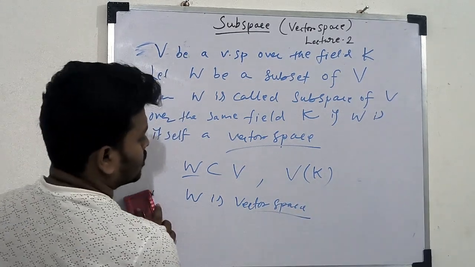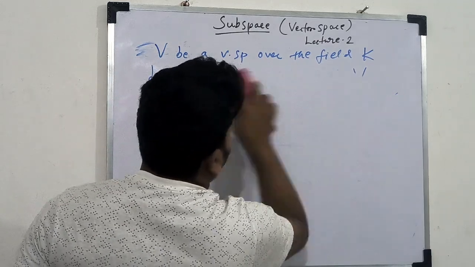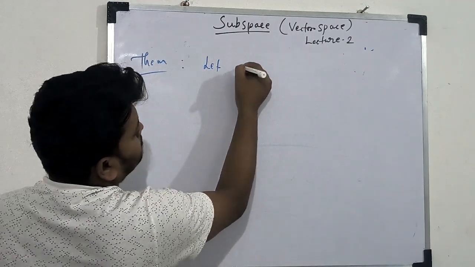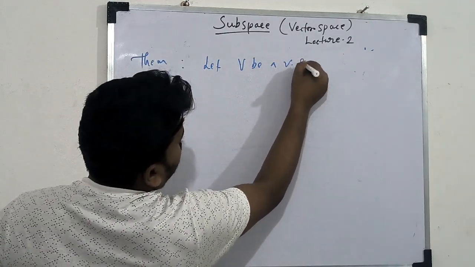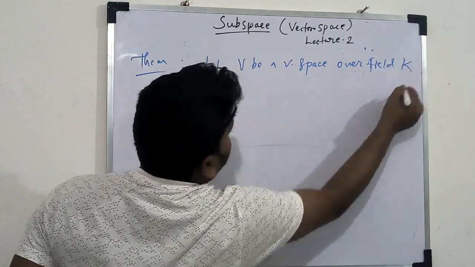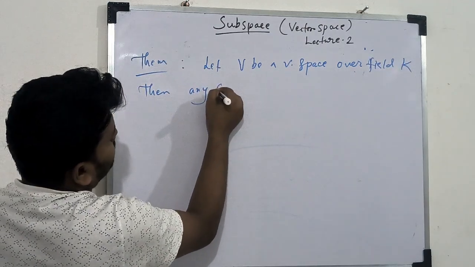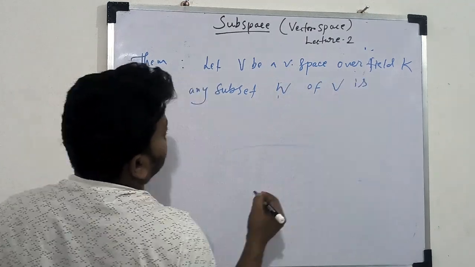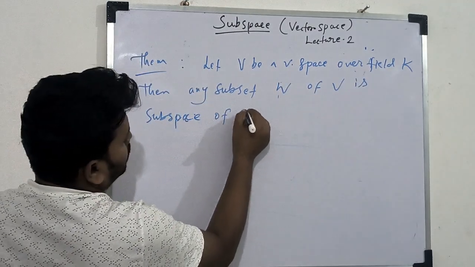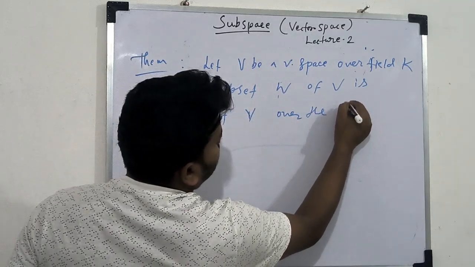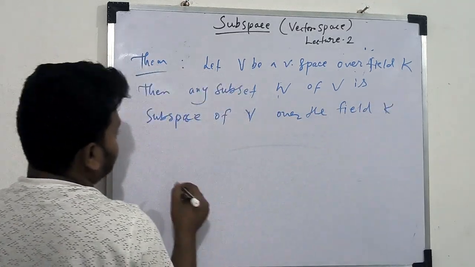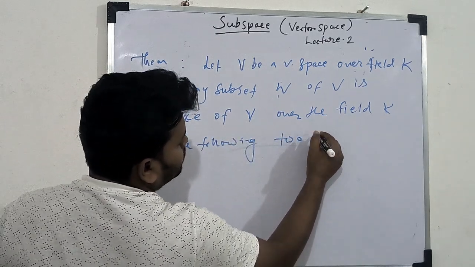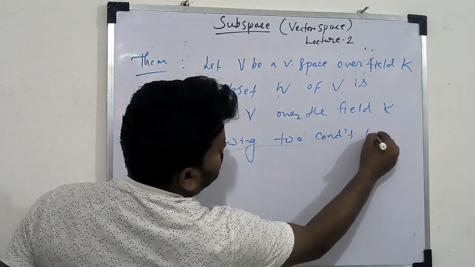So there is a theorem to prove a given subset of a vector space to be a subspace of V. Let V be a vector space over the field K, then any subset W of V is a subspace of V over the field K if the following two conditions hold.